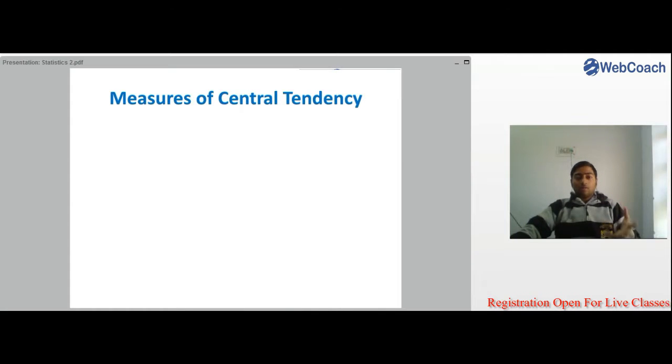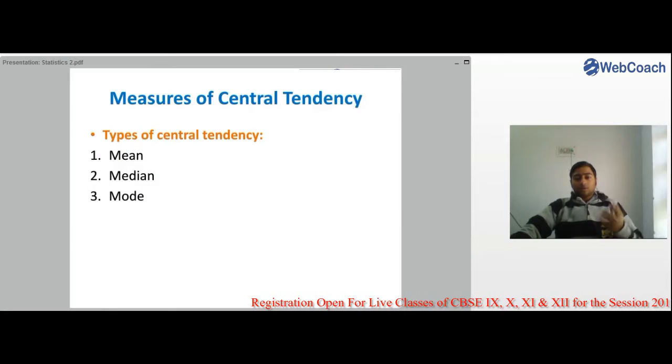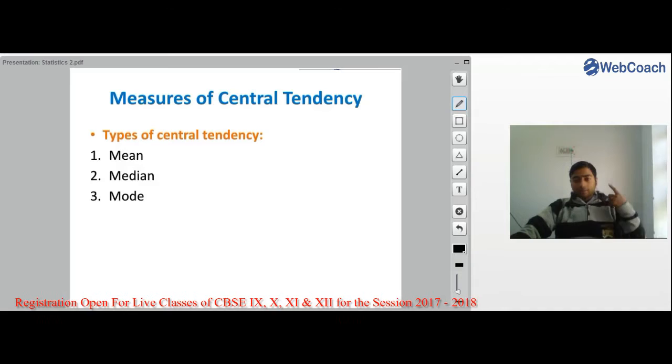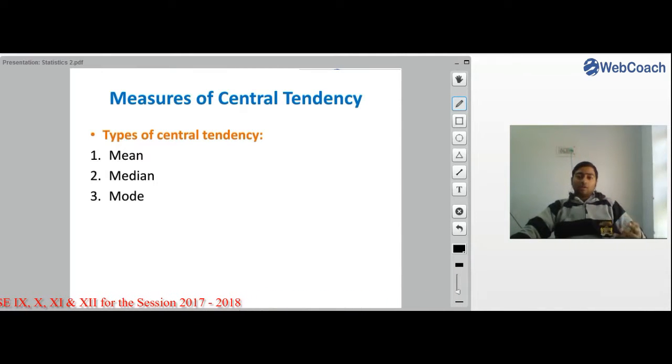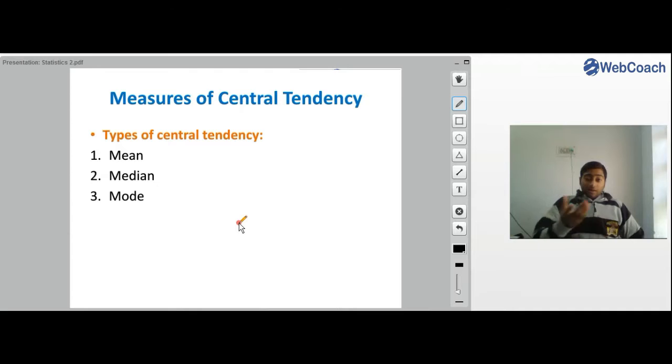Now let us look at the final topic, which is measures of central tendency. So here are the types. We have mean, median and mode. These are the basic types of central tendency. And why are they called so?